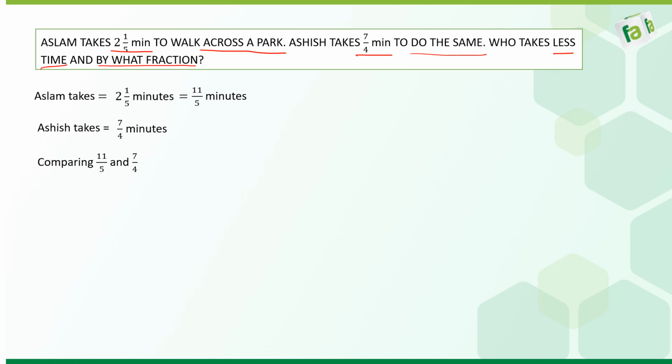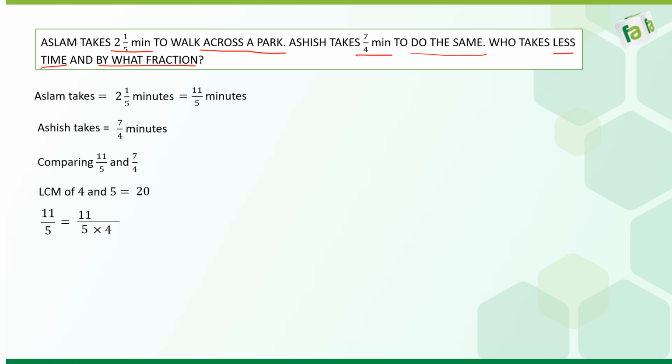Yes, let's take the LCM of 4 and 5. The LCM of 4 and 5 will be 20. Now, let's try to make the denominators of the two fractions the same. Over here, what can we multiply by 5 to get 20?